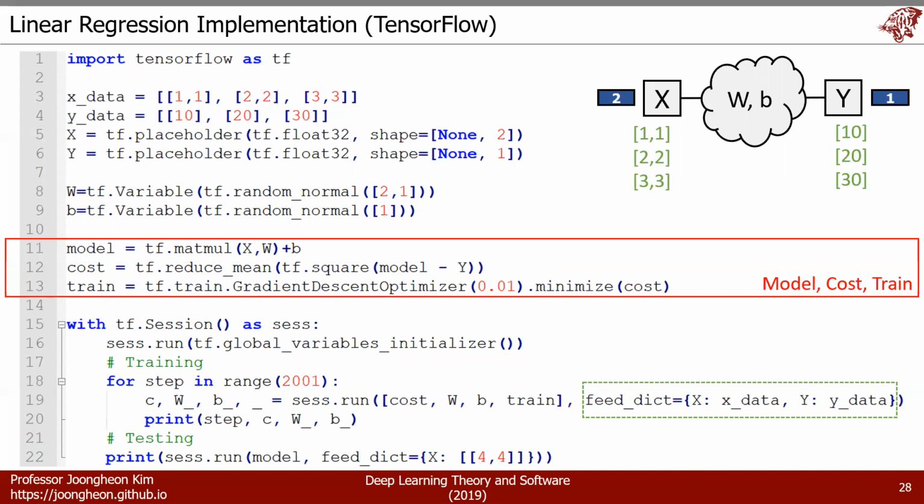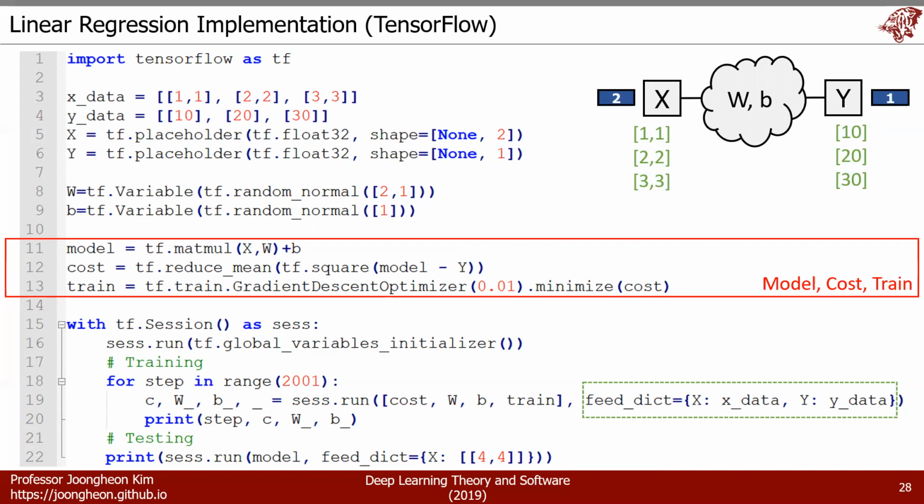In X, we have a placeholder, the values are float, and the shape is None, 2. None means that we can have multiple values, and 2 means that we have two values for each input sample. For each input sample, we have 1, 1, 2, 2, 3, 3, so we have two values. That's why the shape is None, 2 in line 5.